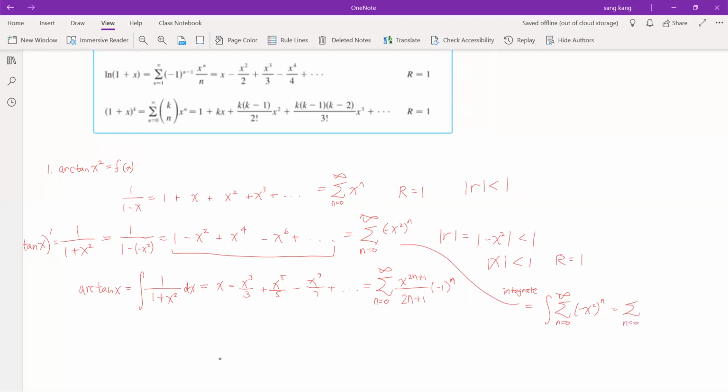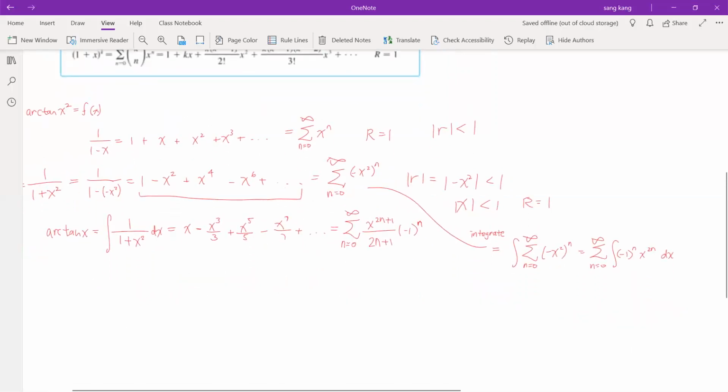That helps you visualize, right? And I'm going to distribute this n power. So there's really a coefficient of -1 in front of this x squared, right? So it'll be -1 to the n times x squared to the n, which simplifies to x to the 2n dx, right? We're integrating with respect to x.